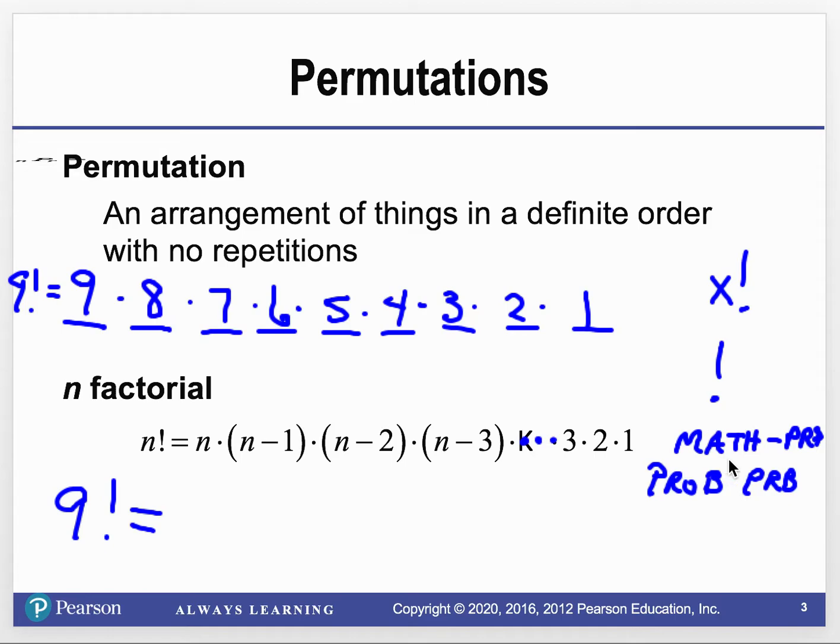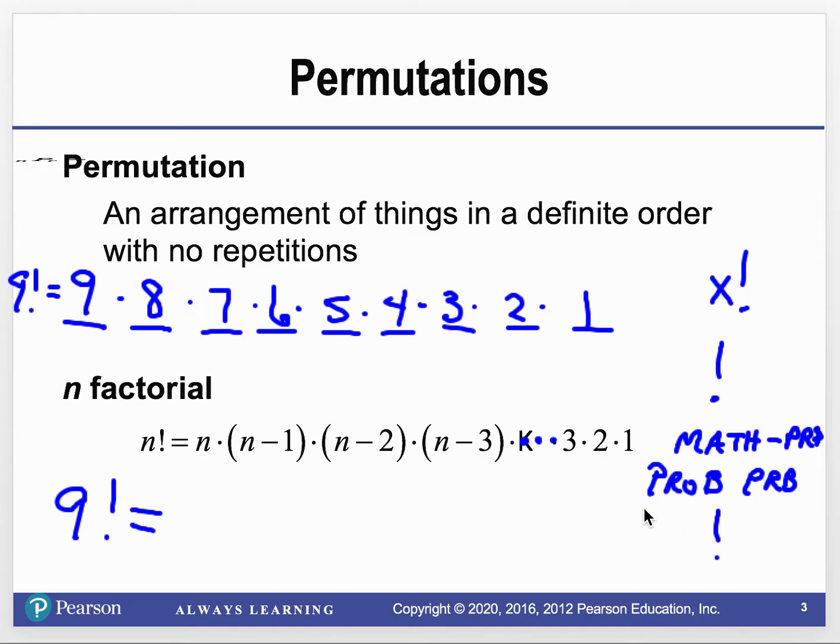In my graphing calculator, I have to hit math, and then across the top, there's a PRB. I can go over there, and then if I look down at the 4th one, I see an exclamation. If you can't find this factorial button on your calculator, be sure and call me and we'll help you go through the process.